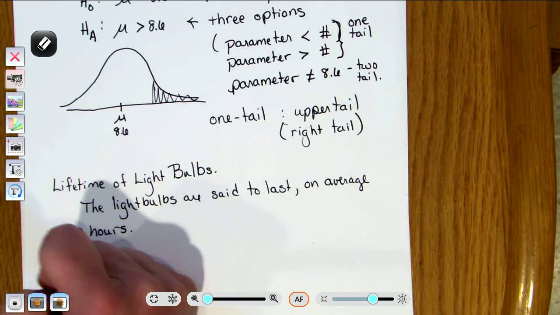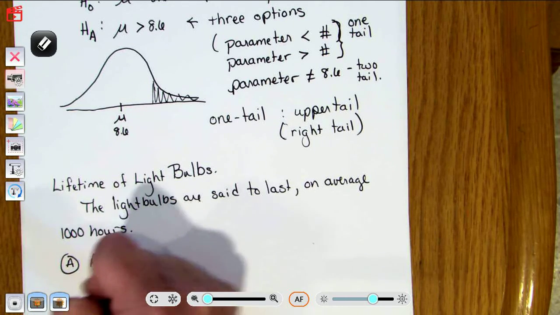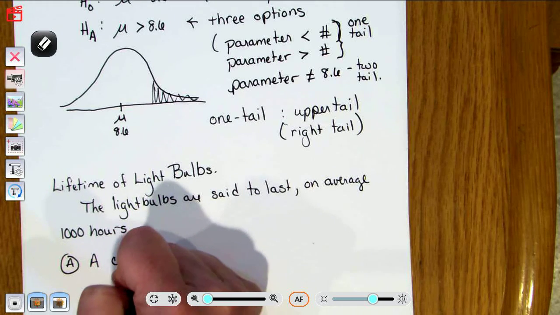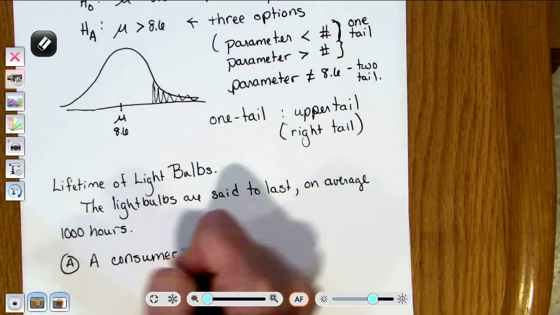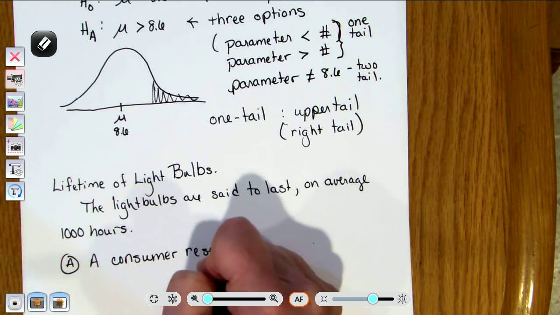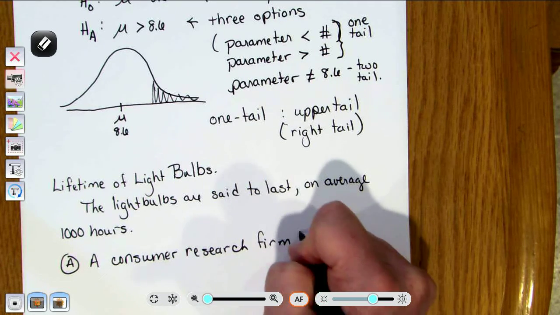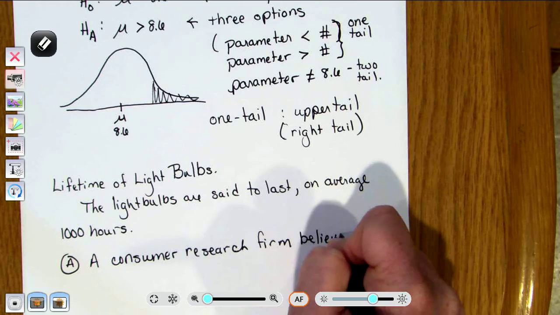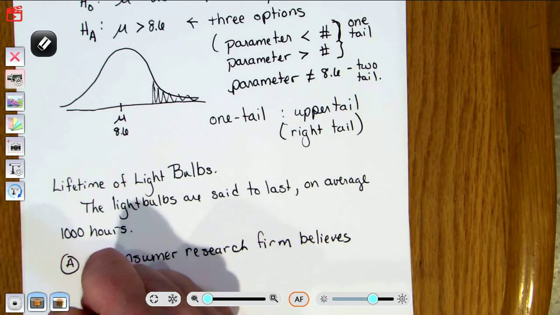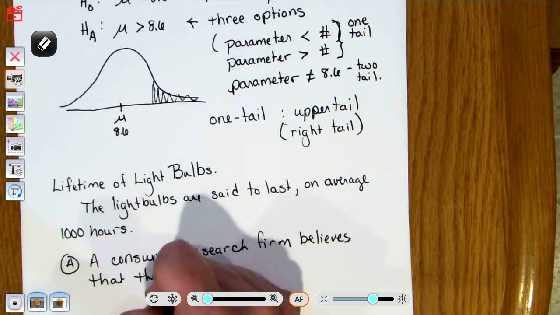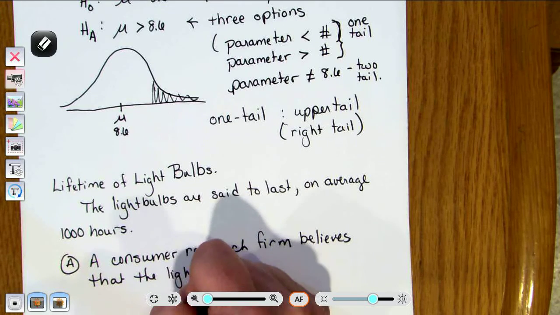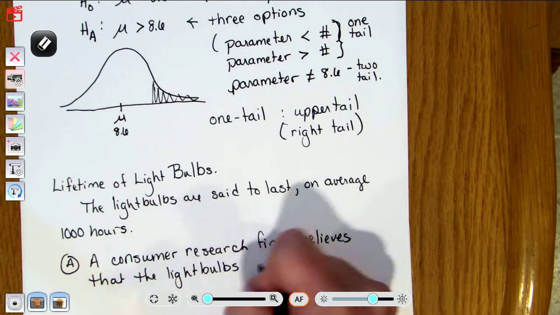So the first situation is we may have a consumer research firm that believes that the light bulbs do not last that long.